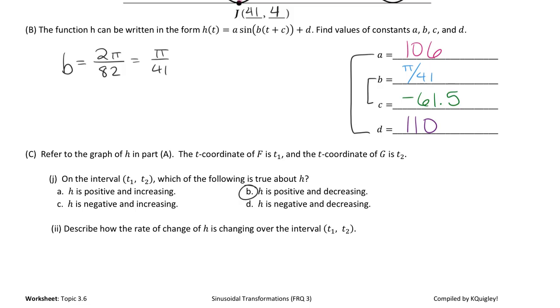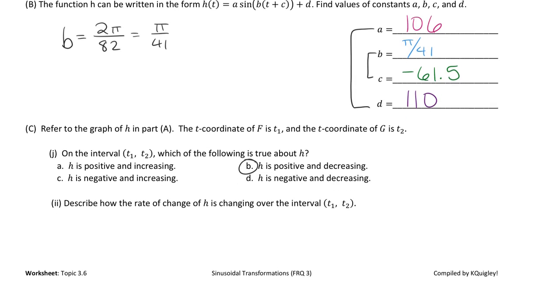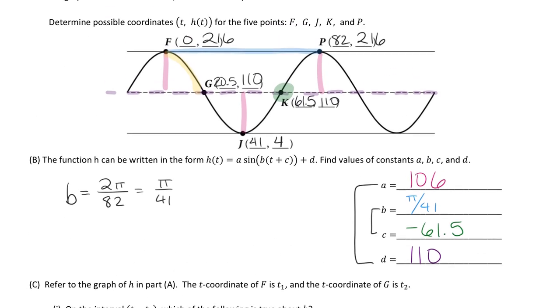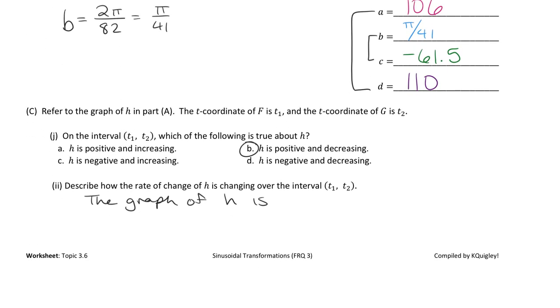What you're thinking of is answering the second question, which asks you to describe the concavity of the graph and to describe the rate of change of the graph. So then we would write the sentence that answers that question. We would say the graph of H is what? Concave up or concave down? Concave down.